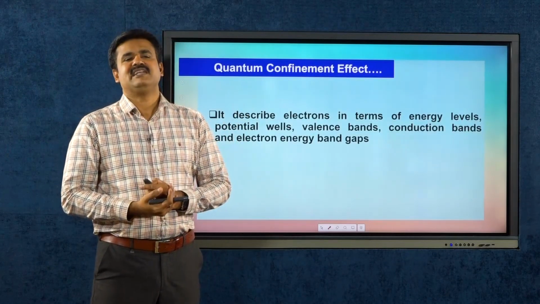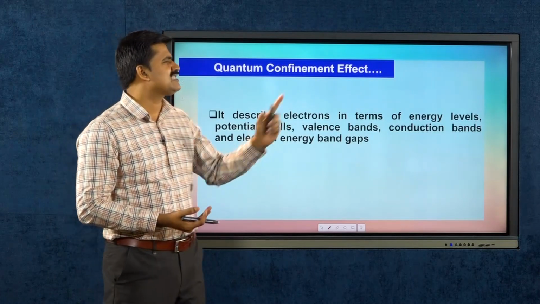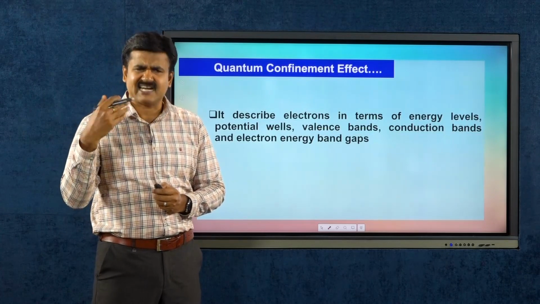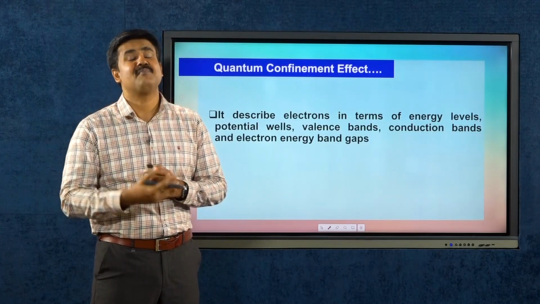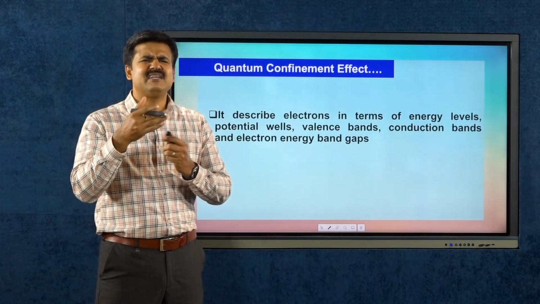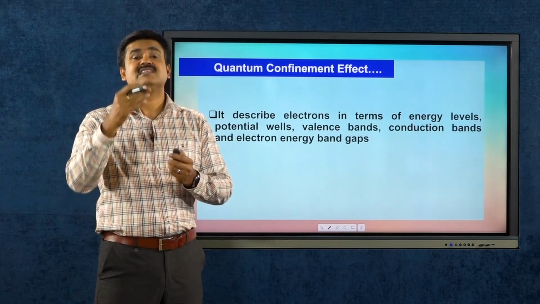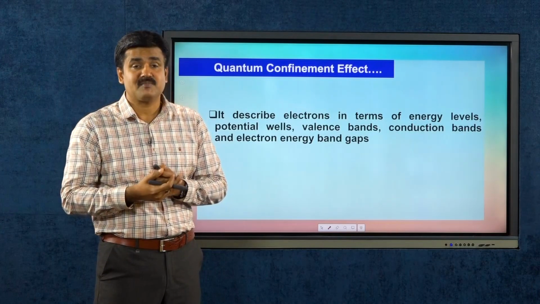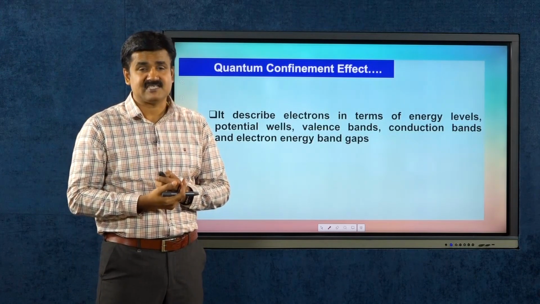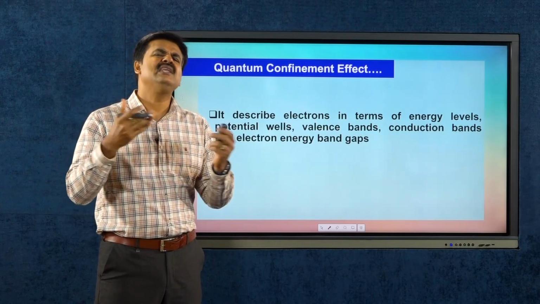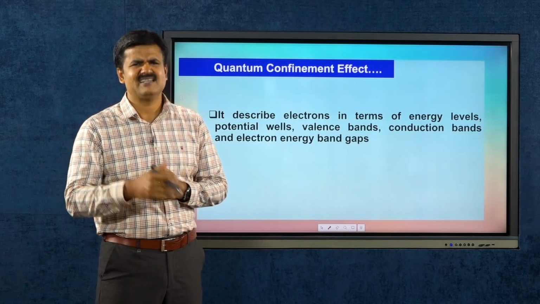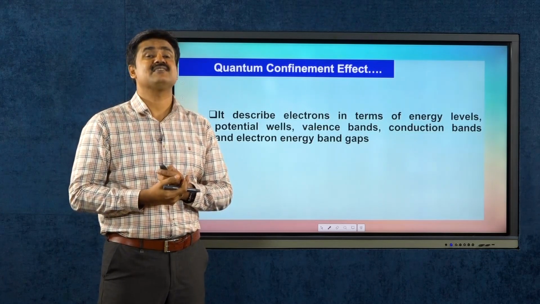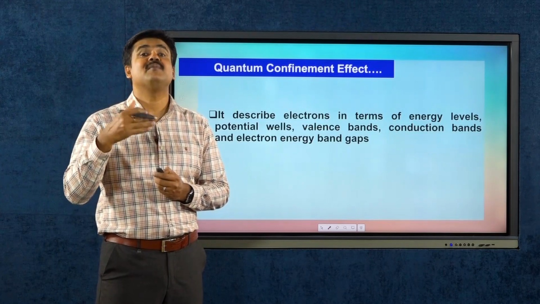The quantum confinement effect describes electrons in terms of energy levels, potential wells, valence band, conduction band and electron energy band gap. So, the quantum confinement effect is reflected in the band gap, the energy difference between the valence band and the conduction band, and this effect is reflected in many of the properties of nanomaterials like quantum dots, quantum wires, etc. For quantum dots, there is a phenomenon called size tunable emission.